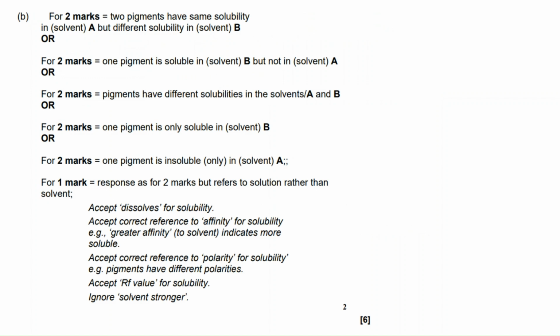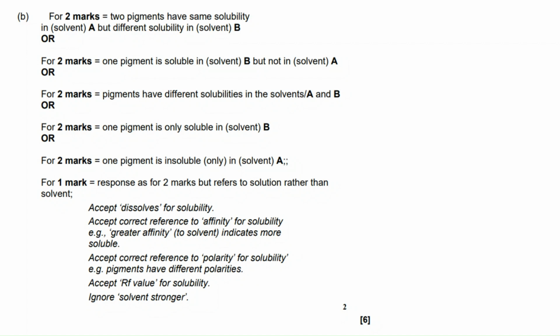You can say the pigments have different solubilities in both of the solvents. That's the same thing. You can say 1 pigment is only soluble in solvent B. Or you can say 1 pigment is insoluble in solvent A. They're all just saying the same thing, really.